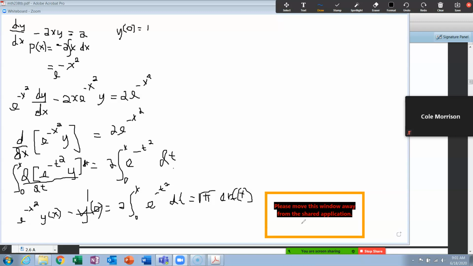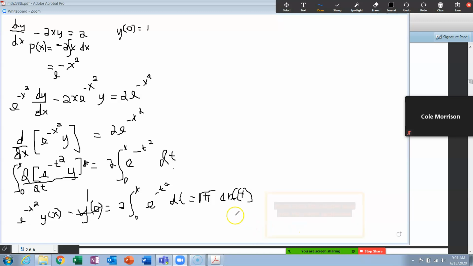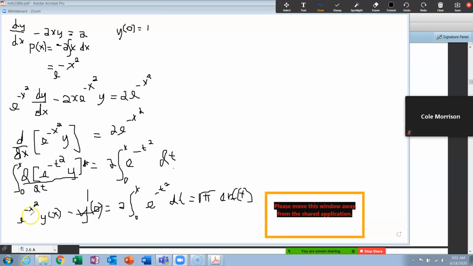We're doing example 7 on page 61, chapter 2, first order differential equations, 2.3 linear equations. And we had talked about the error function last time, and it really is hard to write. I'm trying to skip as many steps as I can. So here's what we got. You'll have to go back and see how we got this. e to the minus x squared times y of x. This is what we're looking for, y of x.